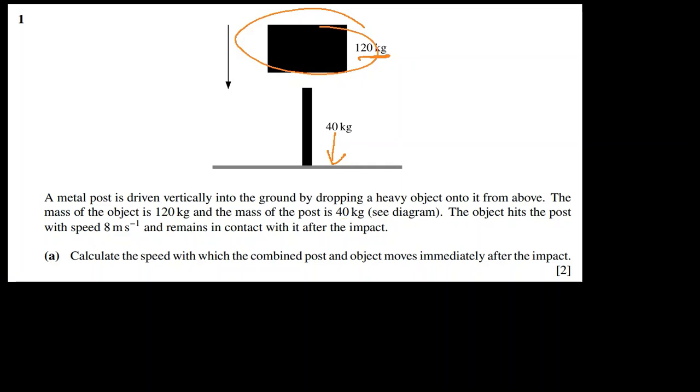So in this question, they have given us the velocity with which the object hits the post. That means from which height it is being dropped is not important.